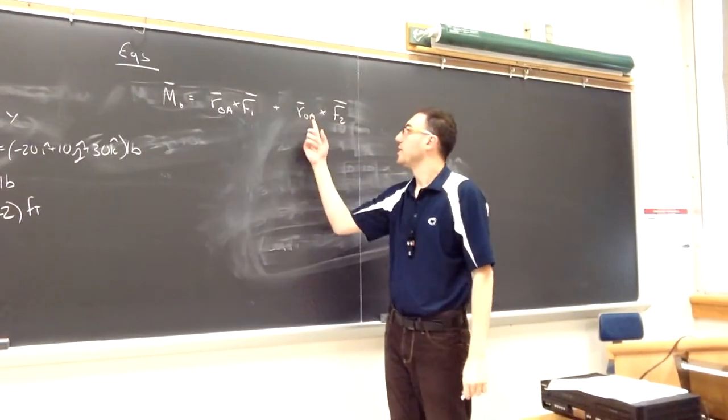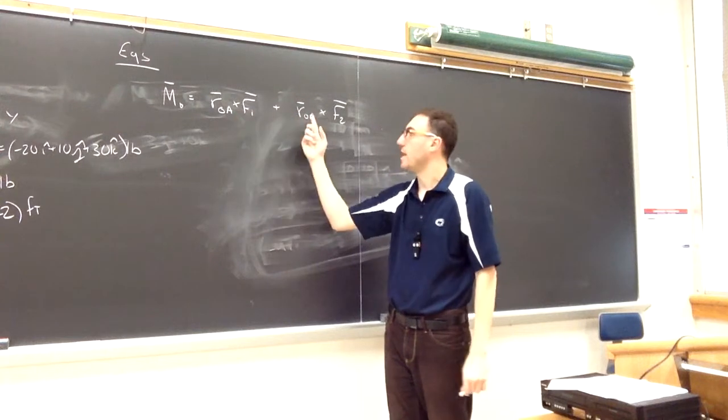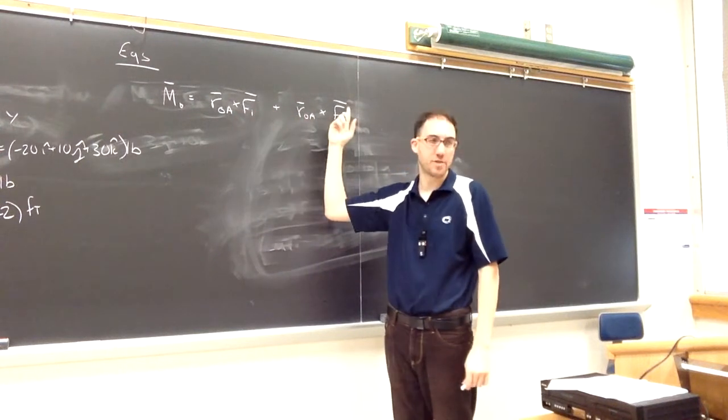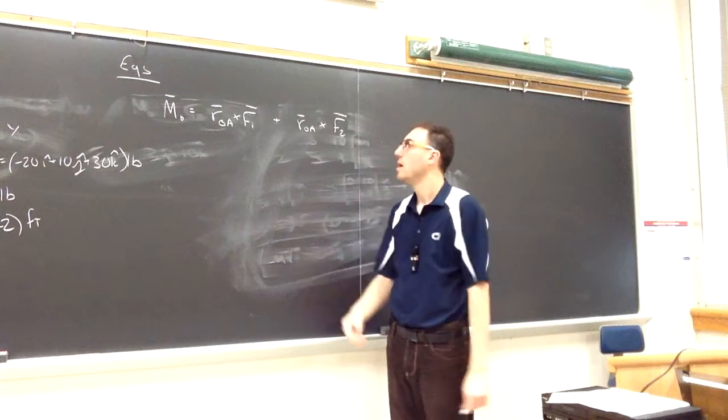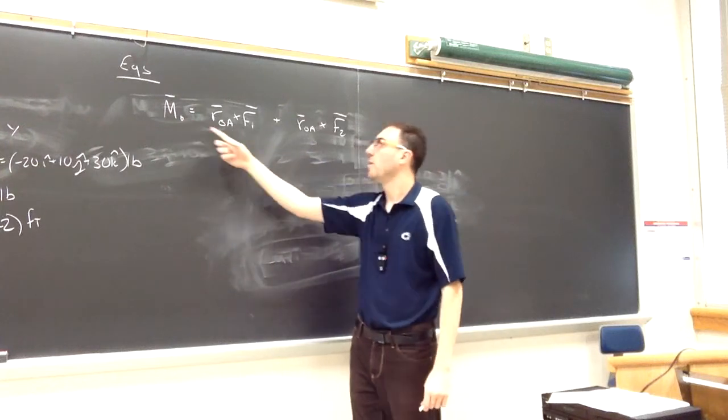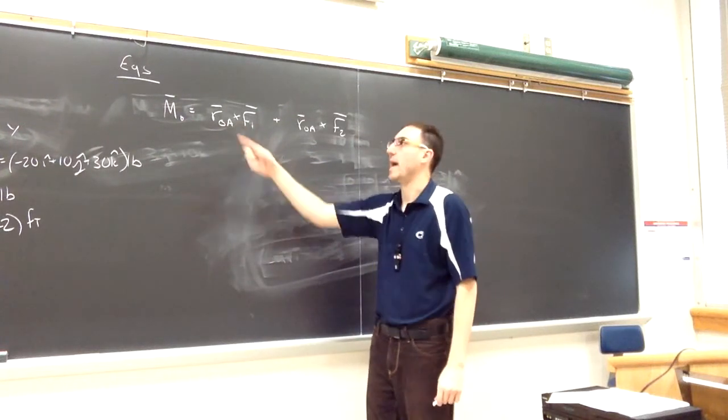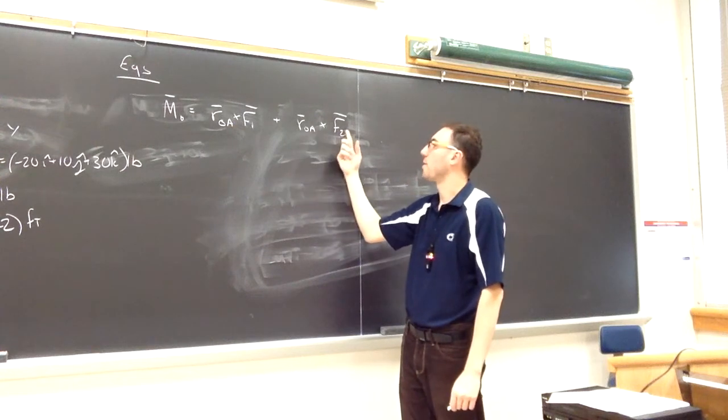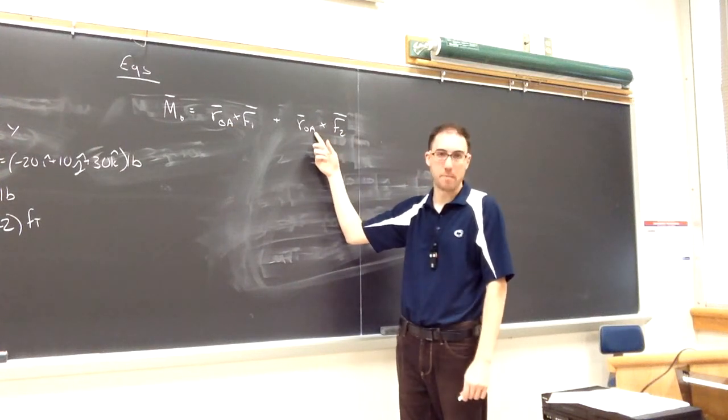In general, these are usually not going to be the same position vector, since F1 and F2 will usually be at different places, but here we start at O and go to where each is applied, which happens to be point A.